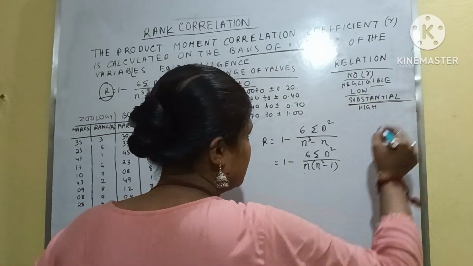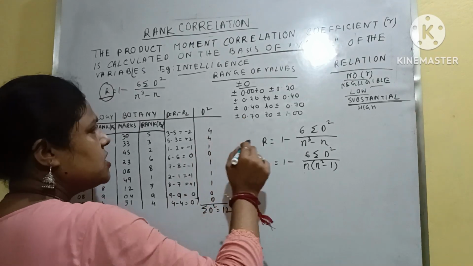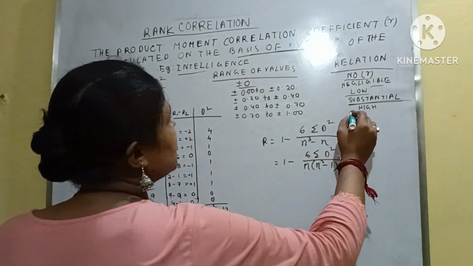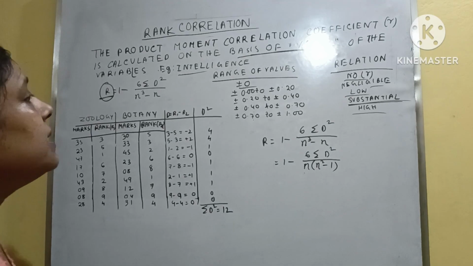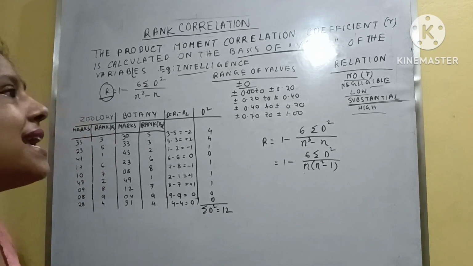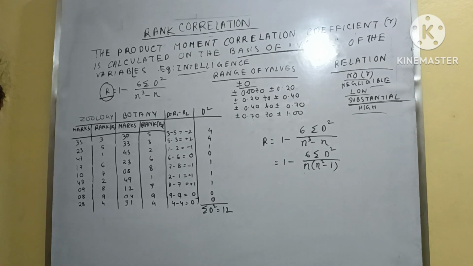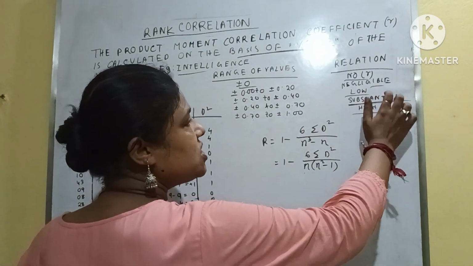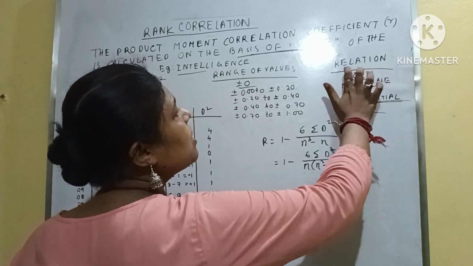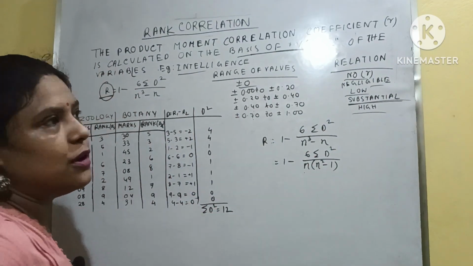And from 0.70 to 1, it is high, meaning the correlation is high. So this value is like the intensity of the relationship between two variables, whether high, substantial, low, negligible or nothing.